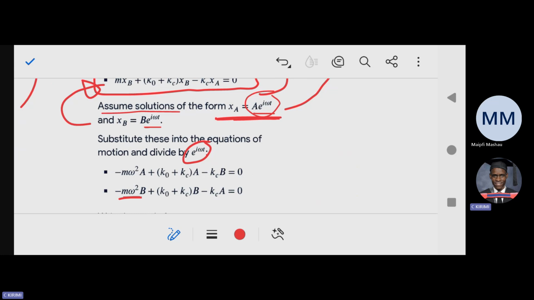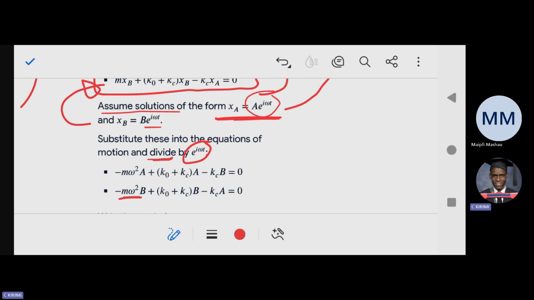Why? Because they said you are going to divide by it on each and every term. So once you divide, it will cancel here, it will cancel there, and then you'll be left with only the constants, without e to the power i omega t. That's why it didn't include it, because we said we are going to divide by it.